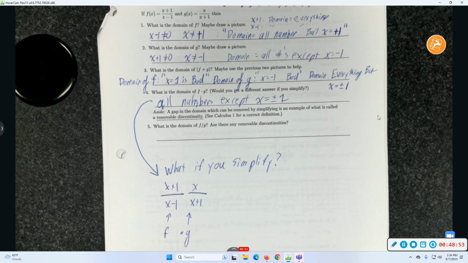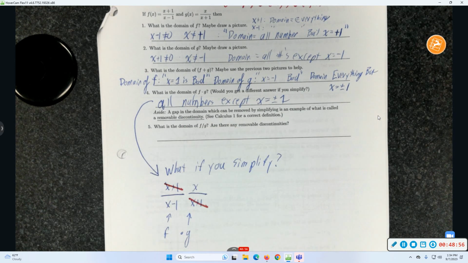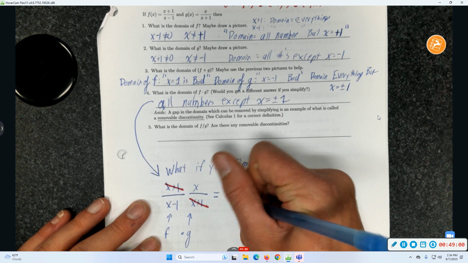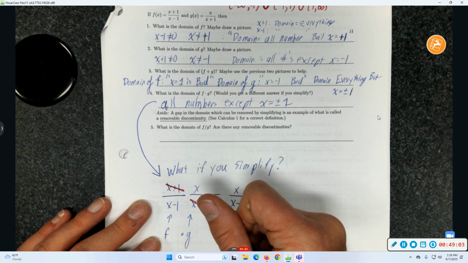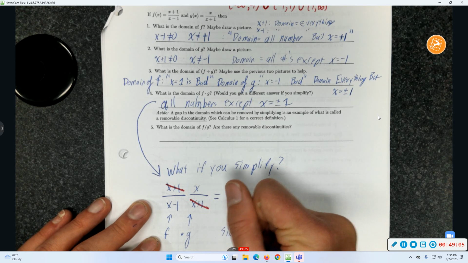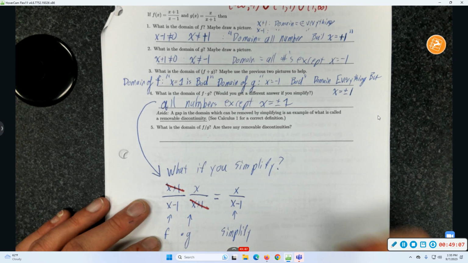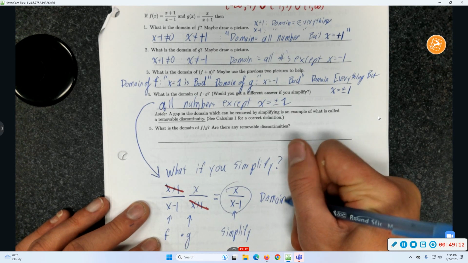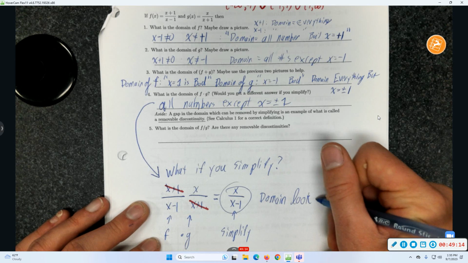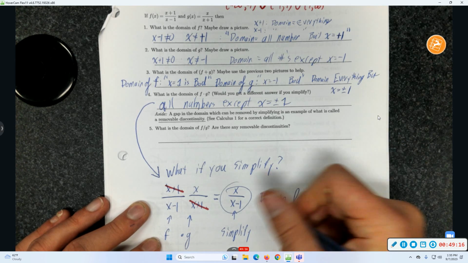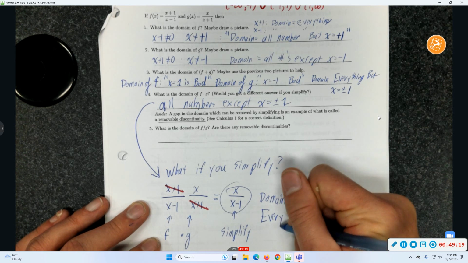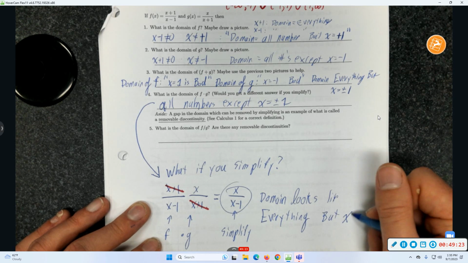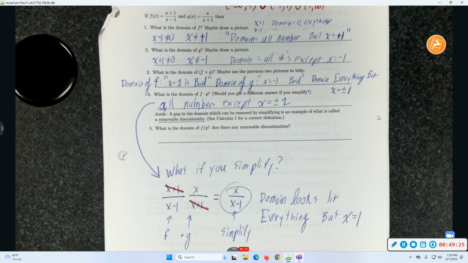You'll notice something cancels. And if you want to just see this, you would say, well, it sure looks like the domain is everything except for x equals 1.